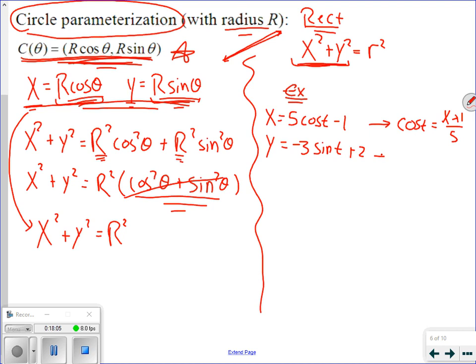And for this one right here, this is the same thing as sine of t equals y minus 2 divided by negative 3. And then I can use that logic that I did over here. I can use that Pythagorean identity, cosine squared t plus sine squared t equals 1.